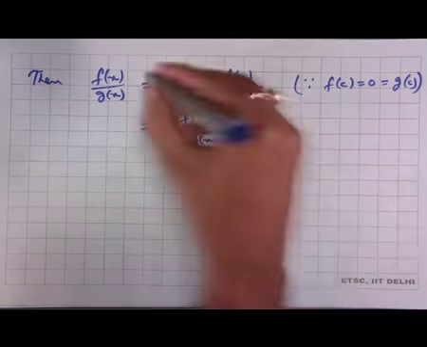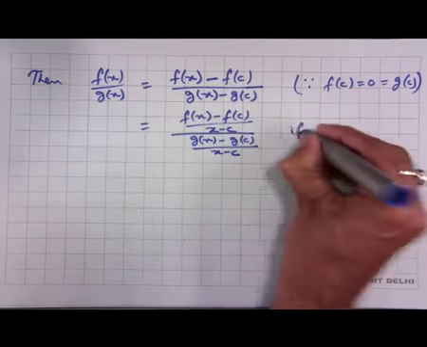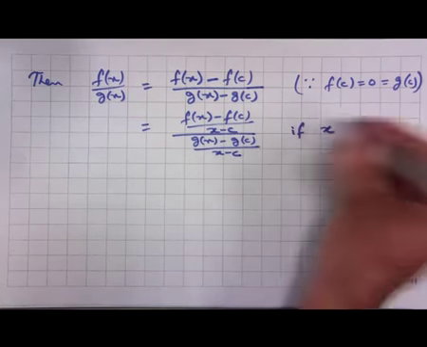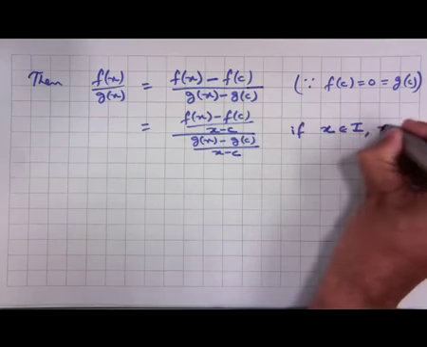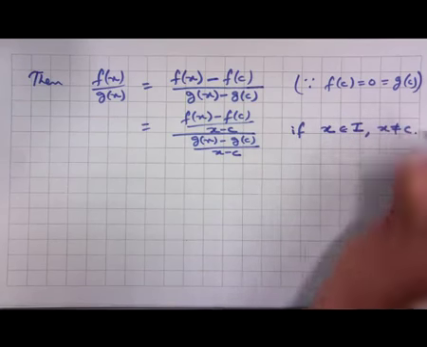So, all these are valid if x belongs to I and x not equal to c.